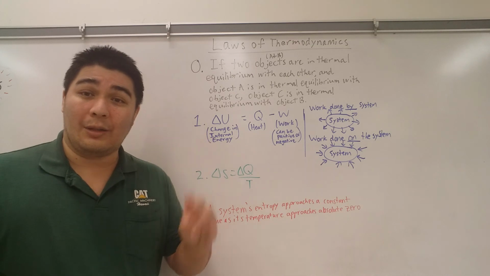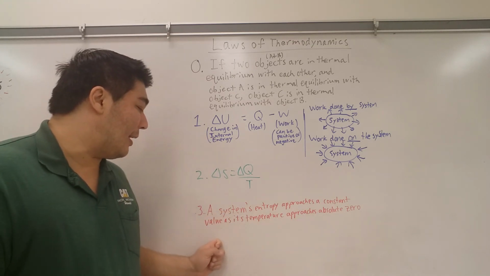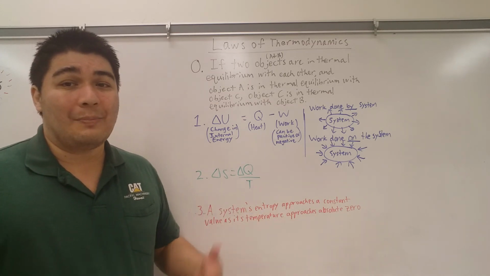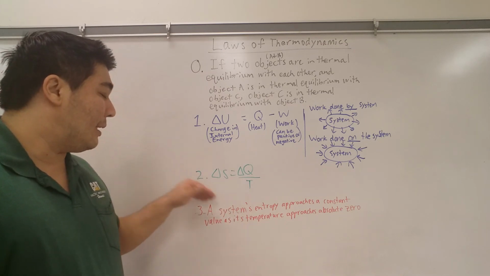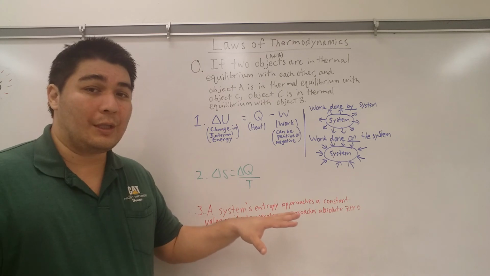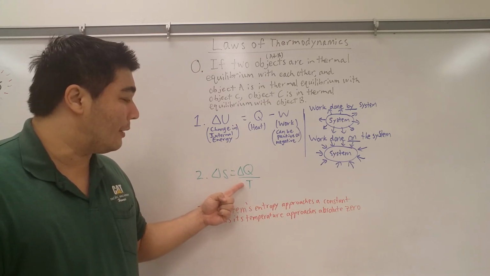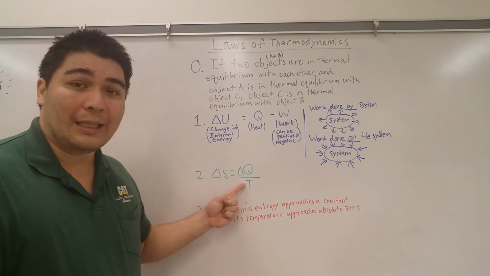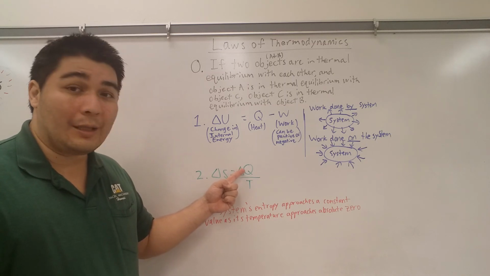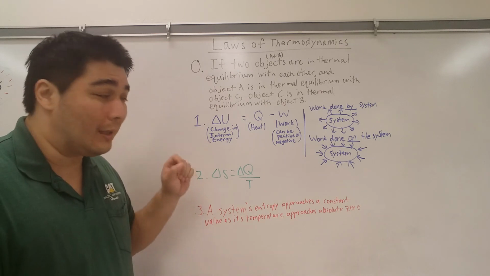So let's go on to the third law of thermodynamics, which is that a system's entropy approaches a constant value as its temperature approaches absolute zero. What that means is that if you reduce the temperature, you can reduce the entropy. You can figure that out from the second law: if you bring the temperature as close to zero as you can, you must draw heat out of the system.